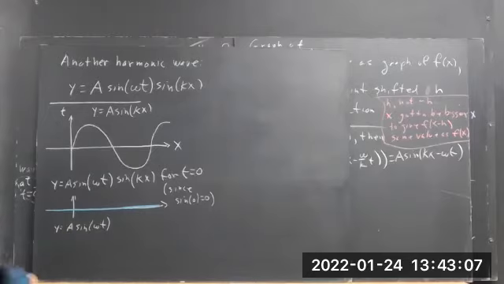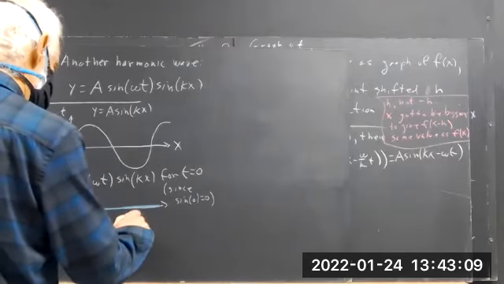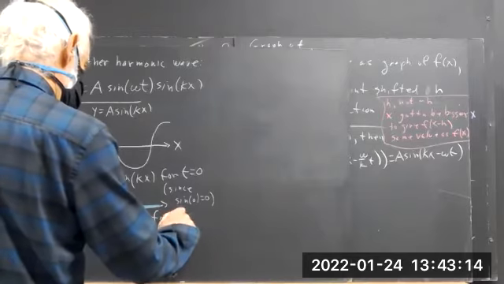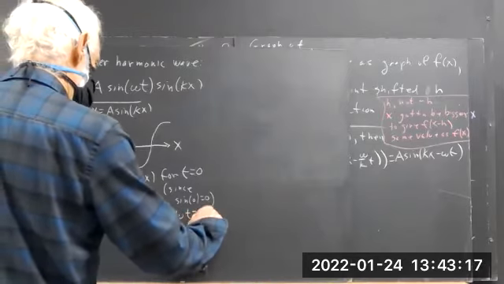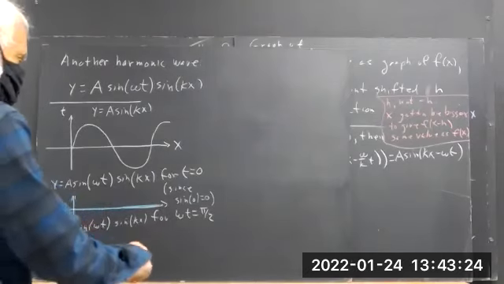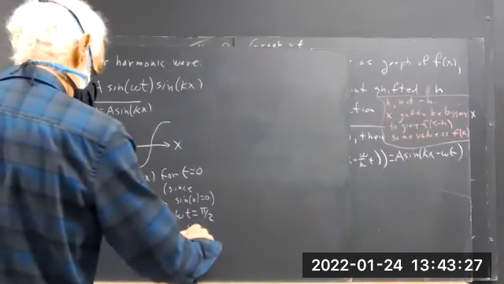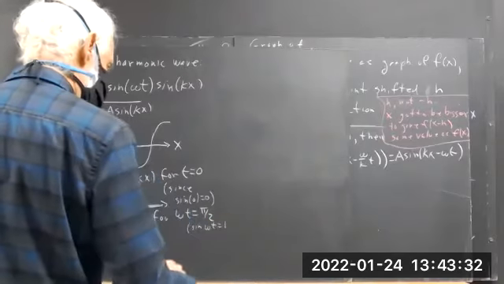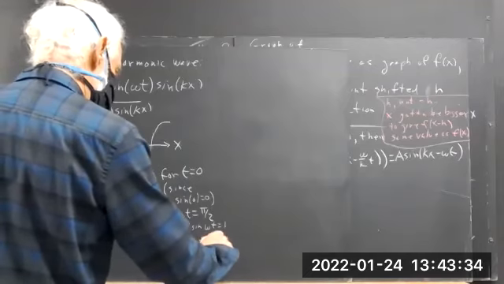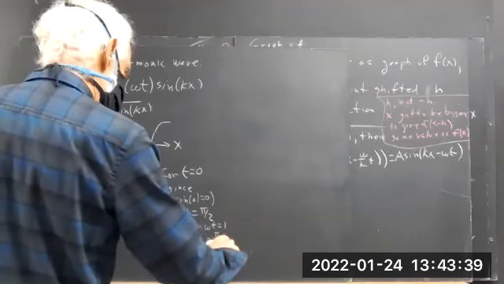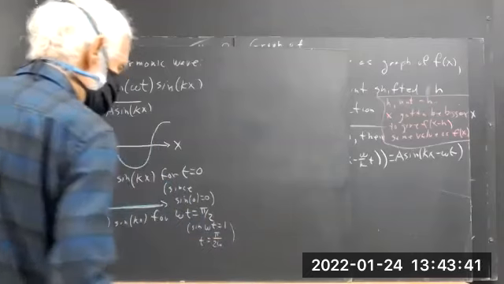And y equals a sine omega t. If omega t equals pi over 2, right? Then sine of omega t is 1. t, of course, equals pi over 2 omega.